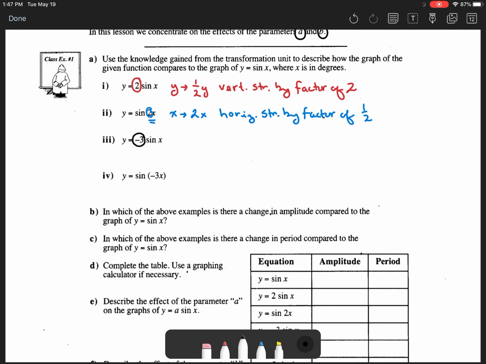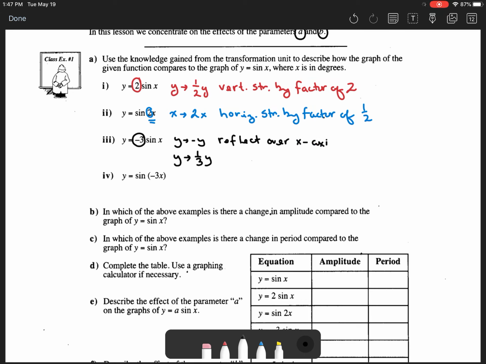In the third one, you can see I now have a -3 there. But because that's a negative value, I discuss the replacements as two separate replacements. You would have replaced y with -y, so there's your reflection. And you would have also replaced y with 1/3 y. When I replace y with -y, that means I reflect over, on, or in the x-axis.